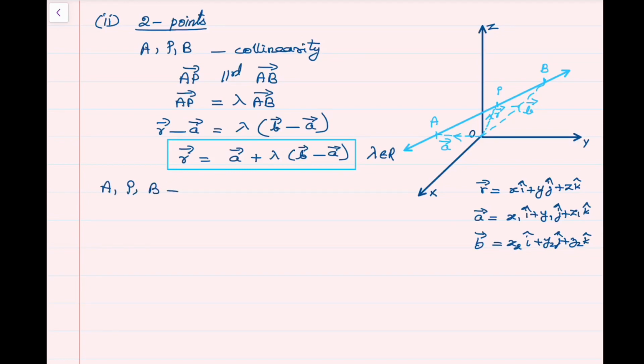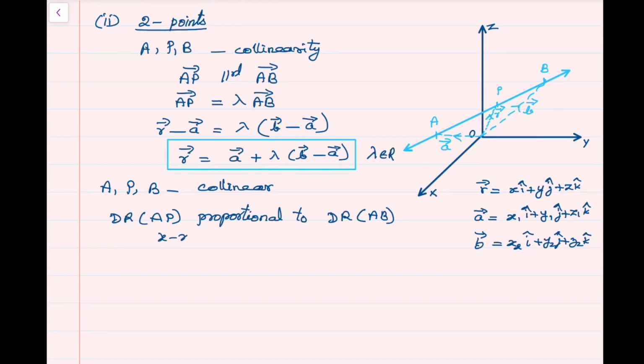A, P, B are collinear points. Therefore, we know that the DRs of AP are proportional to the DRs of AB. The DRs of AP, we will do P minus A: x minus x1, y minus y1, z minus z1, and they are proportional to the DRs of AB.